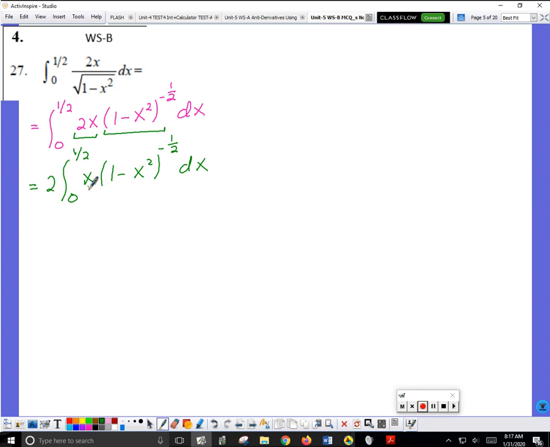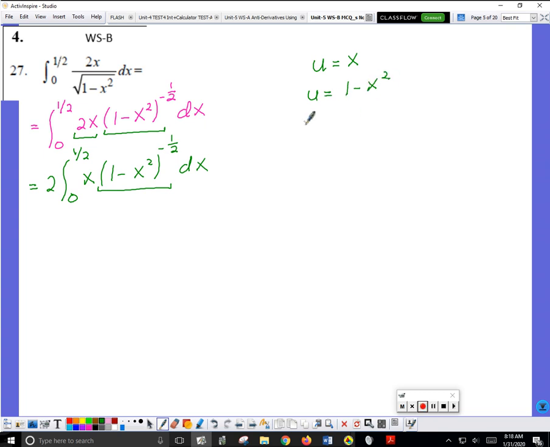So one possibility is u could equal x. Again, make sure you're doing your work in 2 columns here. But u equal x is never helpful, so skip that. The other of the 2 multiplying functions is something to the negative 1/2. So the something would be 1 minus x squared.